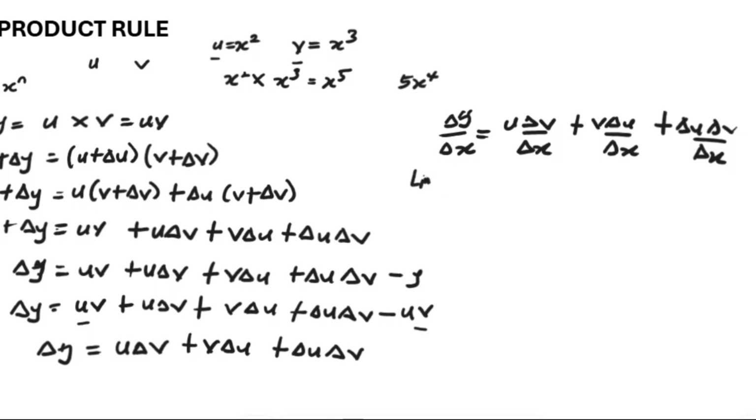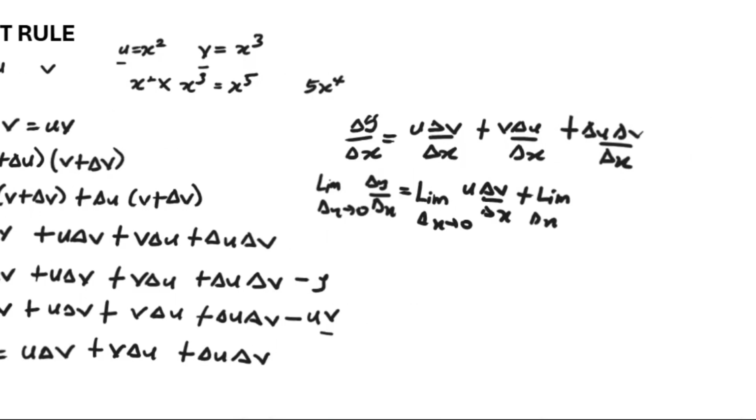this will give us the limit as delta x tends to 0 of delta y over delta x is equal to limit as delta x tends to 0 of u delta v over delta x plus limit as delta x tends to 0 of v delta u over delta x plus limit as delta x tends to 0 of delta u delta v over delta x.